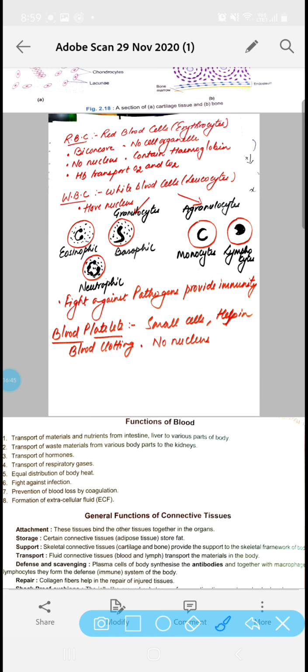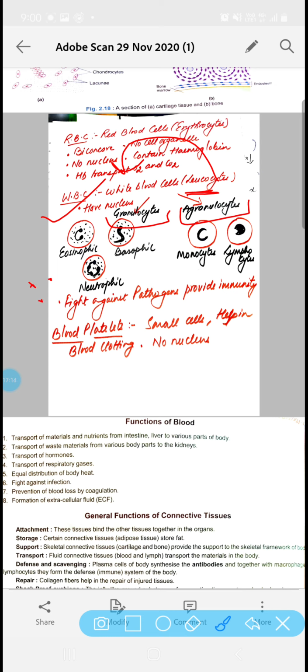Okay. Then comes another kind of blood cell, that is white blood cells, which are also called leukocytes. Leuko means colorless or white. They do not have any color because they do not have the red pigment hemoglobin in them. Now these WBCs are further divided into two categories, granulocytes and agranulocytes.